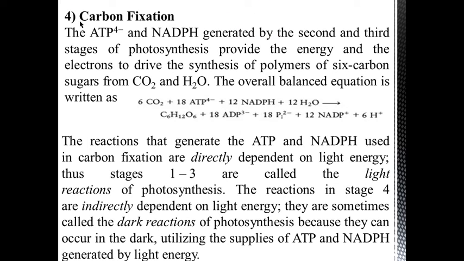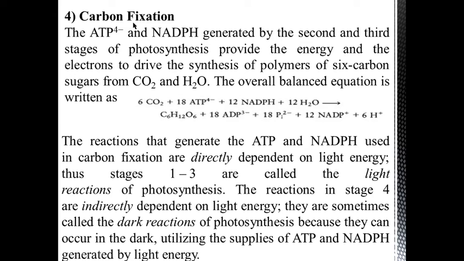Now, the last part of this presentation is carbon fixation. Friends, we learned the synthesis of ATPs, and now we are going to learn how the synthesized ATPs are utilized for the conversion of atmospheric carbon dioxide to carbohydrates. This procedure occurs in the dark phase of photosynthesis.